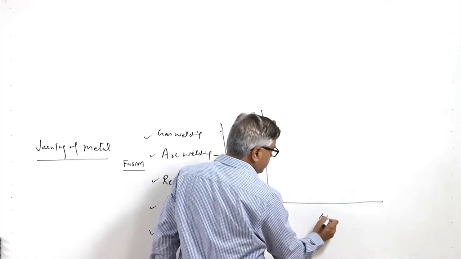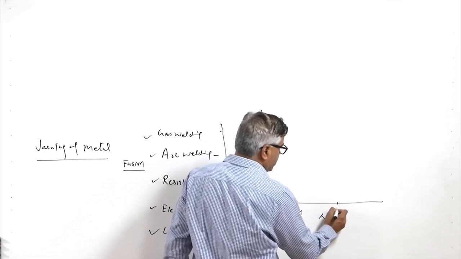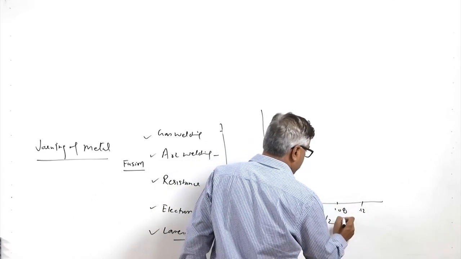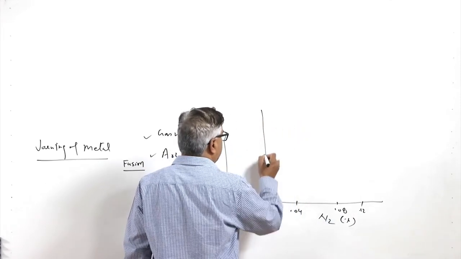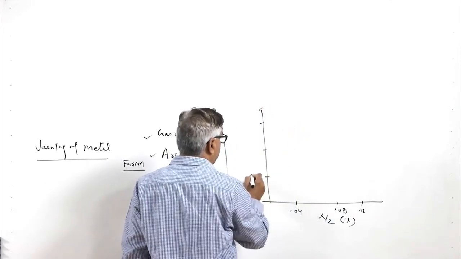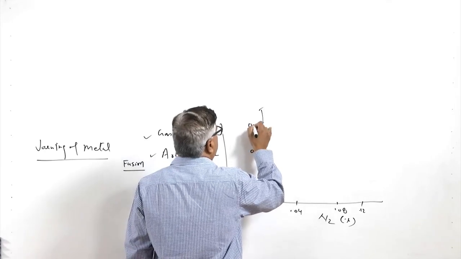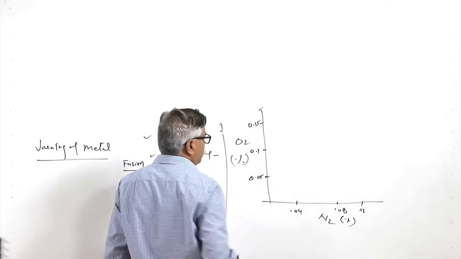So, just for an example, if we see here 0.04, 0.08, and 0.12% of the nitrogen in the x axis, and in the y axis, say, 0.05, 0.1, 0.15 for the oxygen percentage in the weld metal.